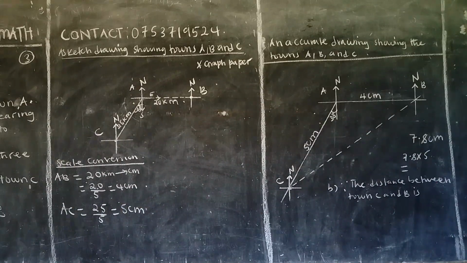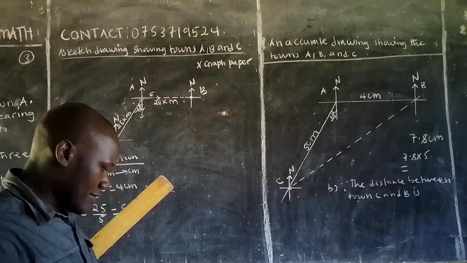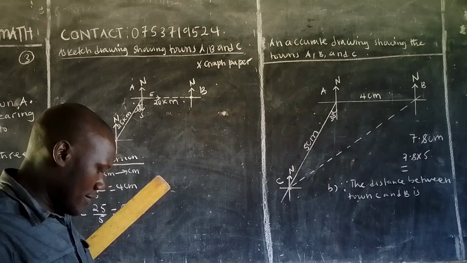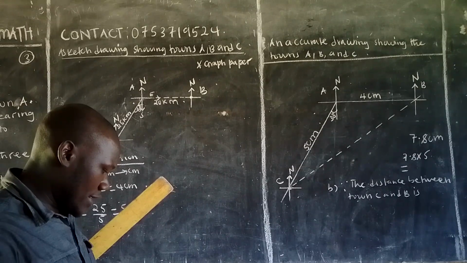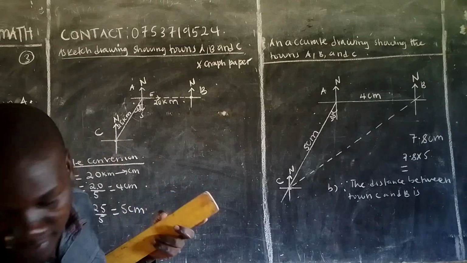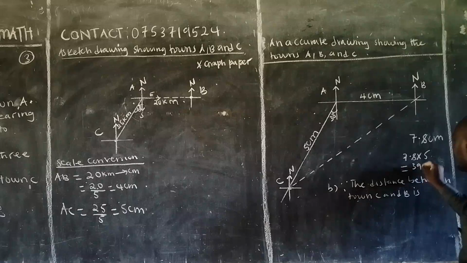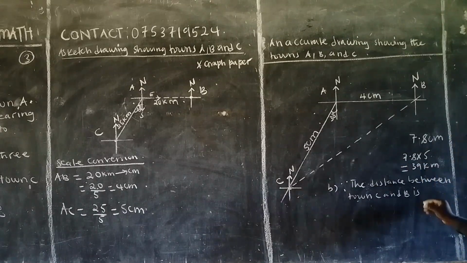Please do that multiplication. 7.8 times 5 is 39 kilometers. Therefore, this will now give us 39 kilometers.